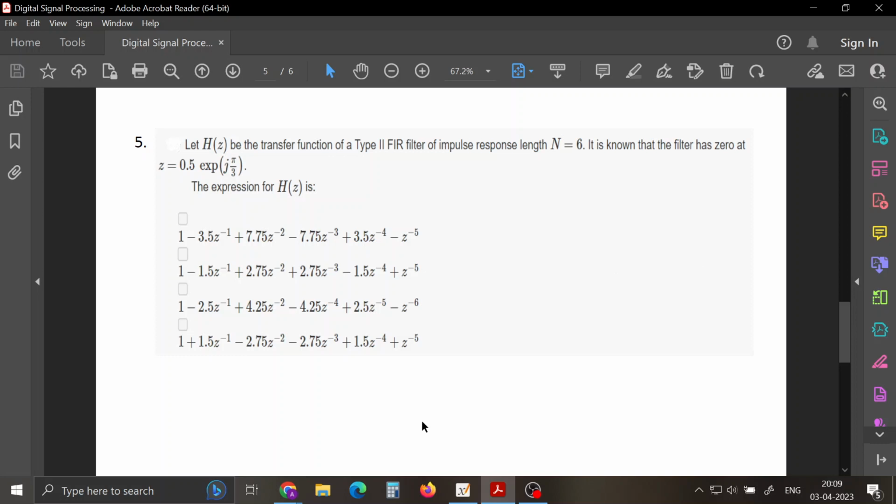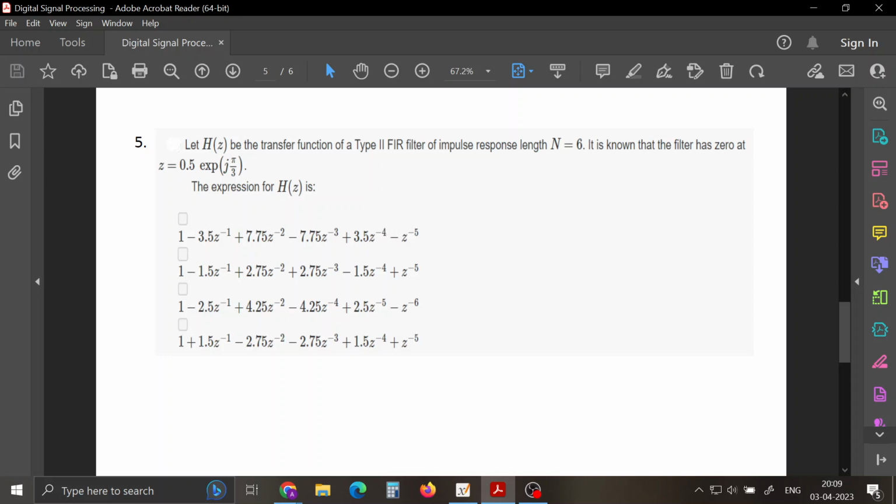In option 1, what kind of symmetry do we have? It is clearly not even symmetric, because the coefficient is 1 at n equals 0, and the last term at n equals 5 is -1.